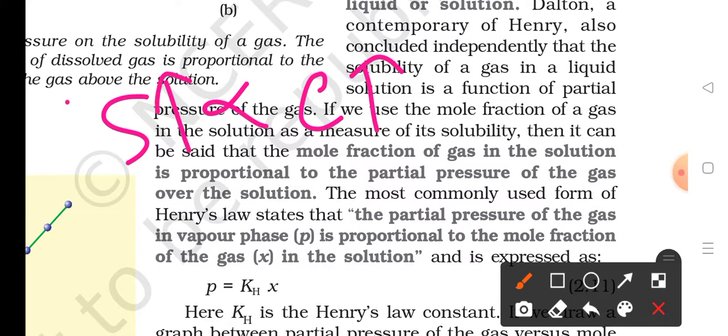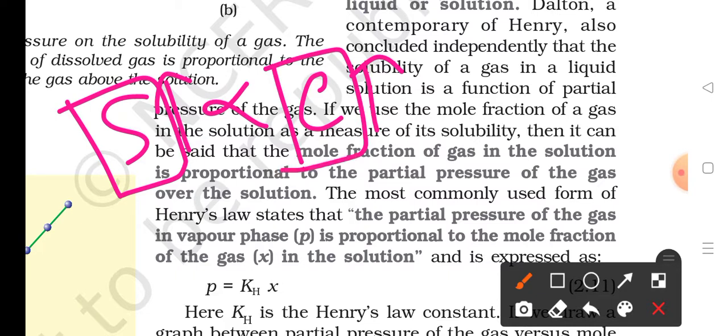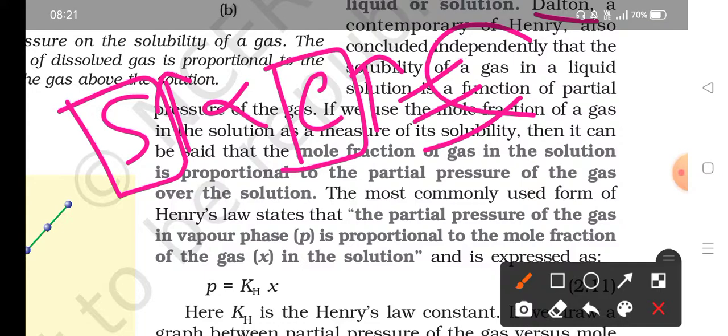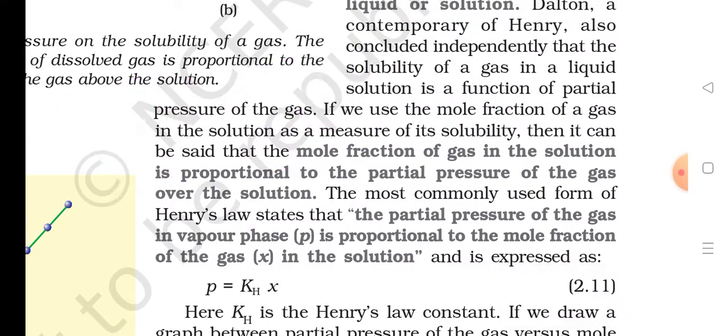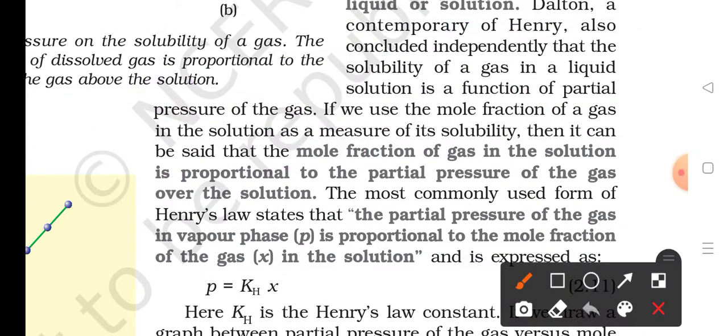So in the case of solubility, we can take concentration, and concentration can be expressed in terms of mole fraction, molality, and molarity. Dalton took the mole fraction. Maybe you understand it very well now. We know that solubility increases with increasing pressure.